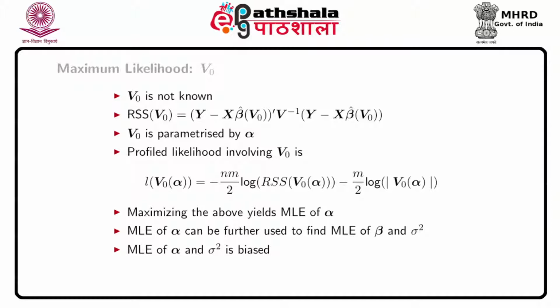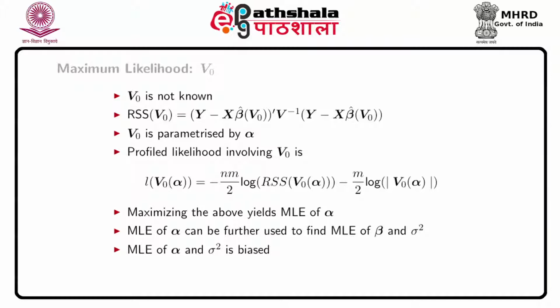Now in the one-dimensional case, this is what we get, and we can extend it to the multivariate case, where suppose we have a linear model where y follows multivariate normal, X beta, sigma square I n. Again, beta hat MLE is unbiased, and we know that beta hat MLE comes out to be X prime X inverse X prime y, where sigma hat MLE is RSS by n, and sigma hat MLE is biased.